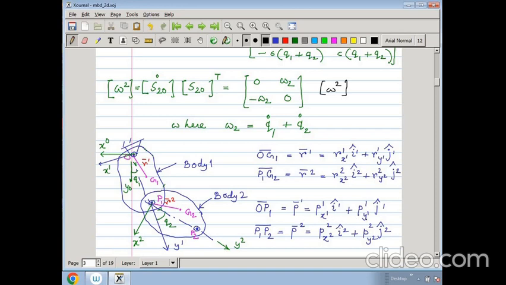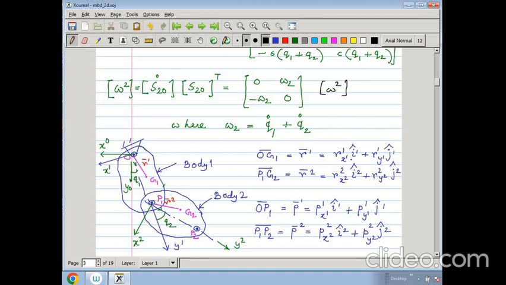So x1 and y1 are constant because they are fixed to body 1. Here p1x1 and p1y1 are constants, and here p2x2 and p2y2 are constants. R1x1, R1y1 are constants. R2x2, R2y2 are constants. Why are they constants? Because they are fixed to the body, so they are not changing with time.